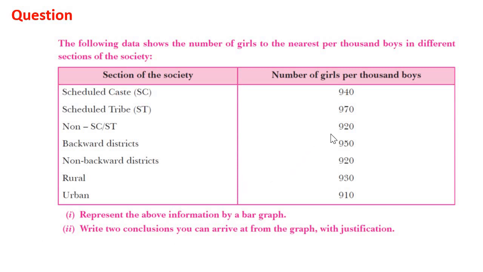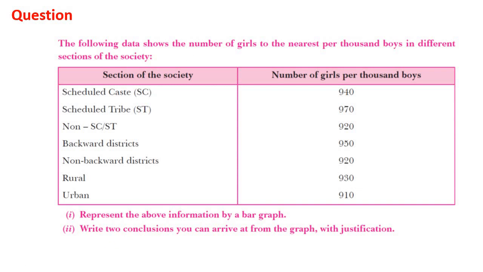Now before we draw the bar graph, see the data. Do you see some trend? So what's the minimum value? The minimum is in the urban, 910. And where is the maximum? The maximum is over here, ST. And rural is 930. Okay.